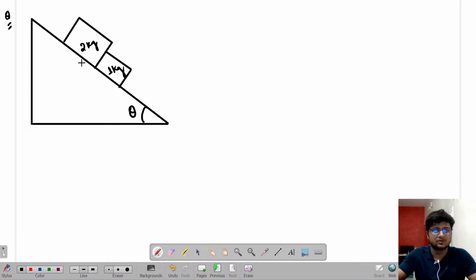For this, the value of mu is 0.2 and for this the value of mu is 0.5, and this theta is 37 degrees. Okay or not? Then the question is, find the contact force between the blocks and acceleration of the blocks.